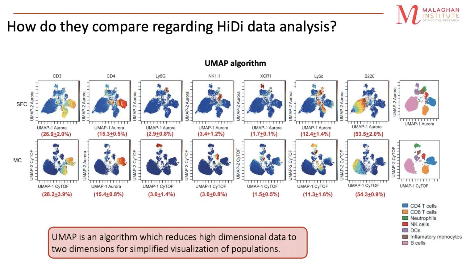When comparing our data with high-dimensional algorithms, we decided to first use UMAP. UMAP is a dimensionality reduction algorithm that will allow us to visualize the data in 2 dimensions.